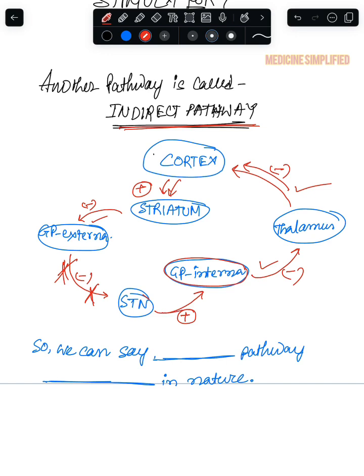So the subthalamic nucleus will now only send a stimulatory signal, as per rule number 3, to globus pallidus interna, as it is the main output of the basal ganglia. And normally globus pallidus interna sends inhibitory output to the thalamus, so it will be present. The thalamus will be inhibited and will send an inhibitory signal to the cortex. So this is the indirect pathway. So we can say that the indirect pathway is inhibitory in nature.